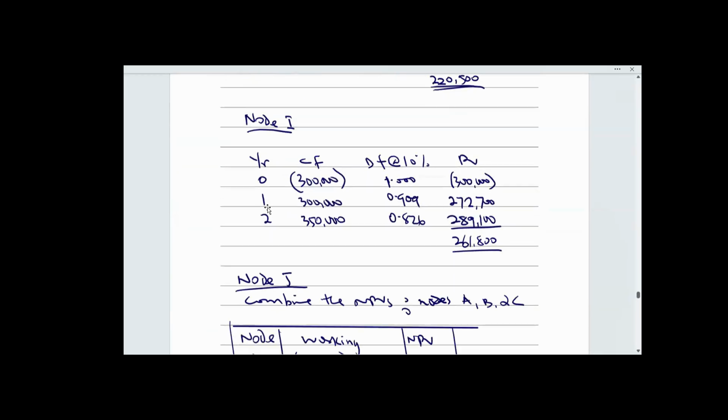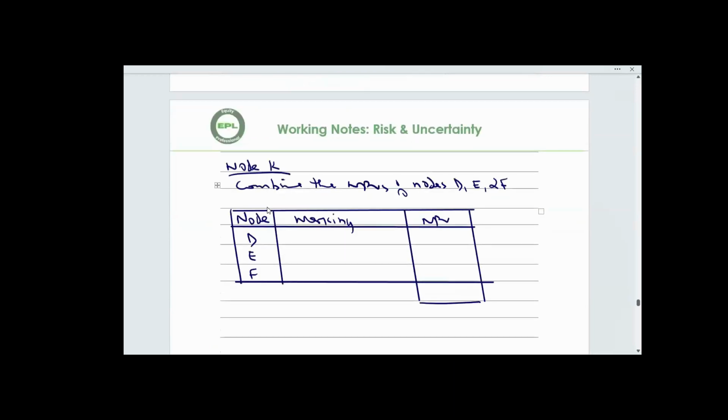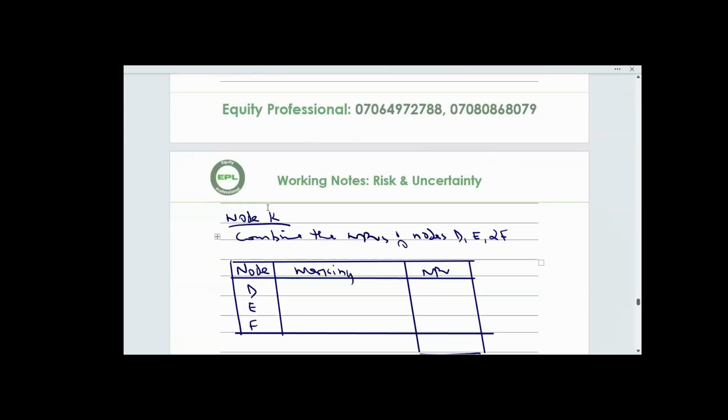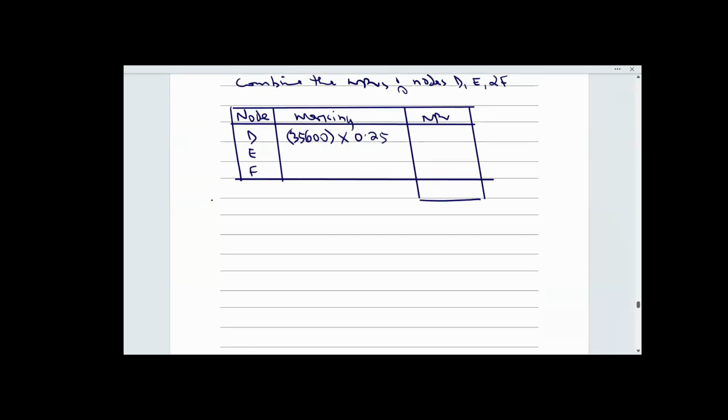All right. So node K. 35,600 is the NPV, negative. Multiply by probability of 0.25. Then what's the NPV of node E? 47,000, positive. Multiply by 0.5. Next one, 129,600. Multiply by 0.25.